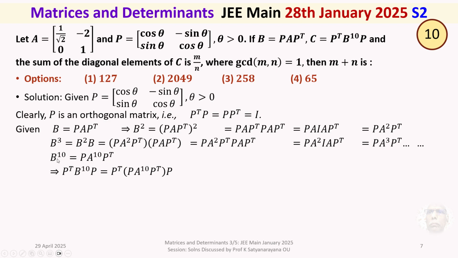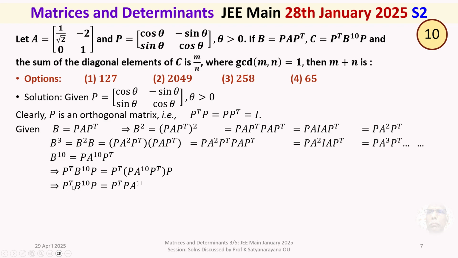Now B power 10, we got it. Pre-multiply by P transpose and post-multiply by P on both sides. Now expand.